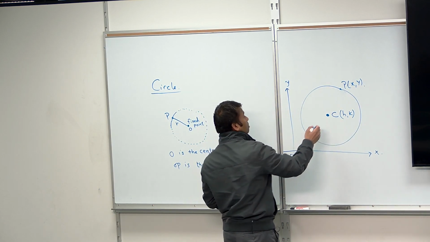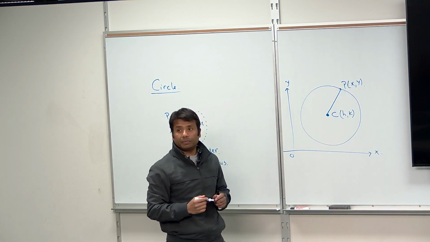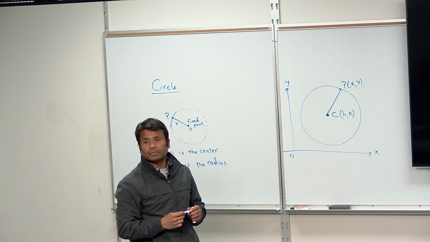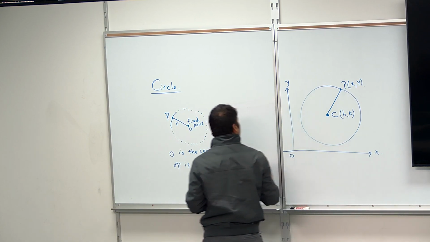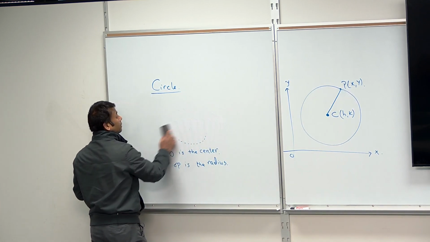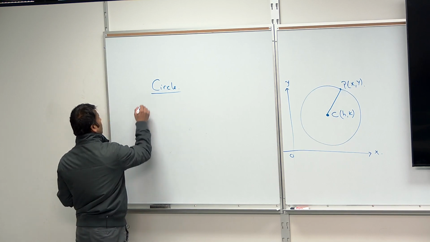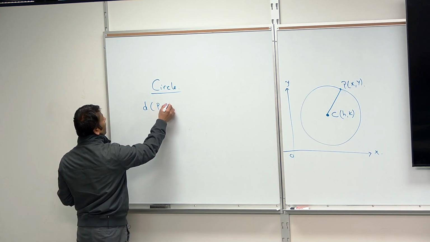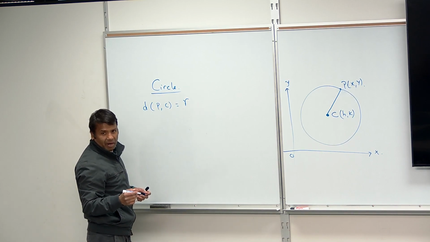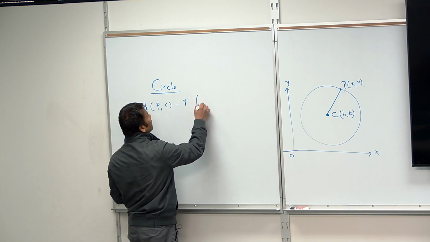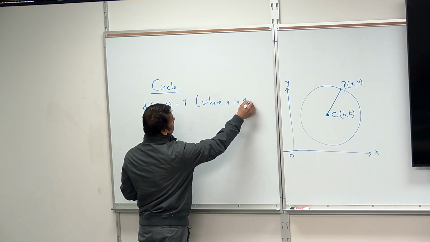This PC is the what? Radius. The radius of the circle is denoted by r. So you see the distance between P and C equals r, where r is the radius.